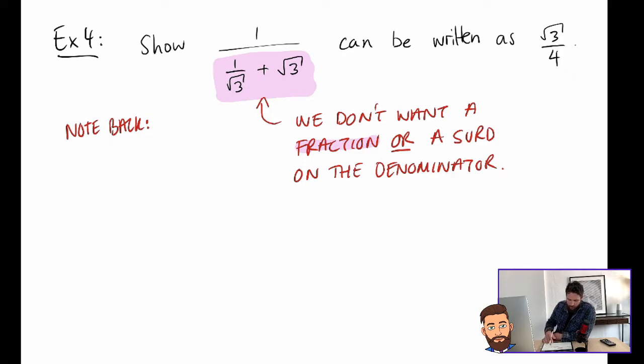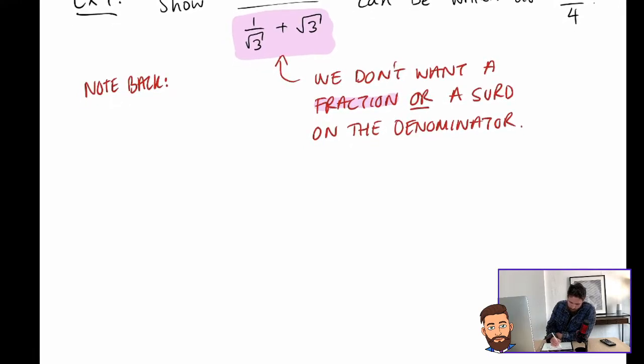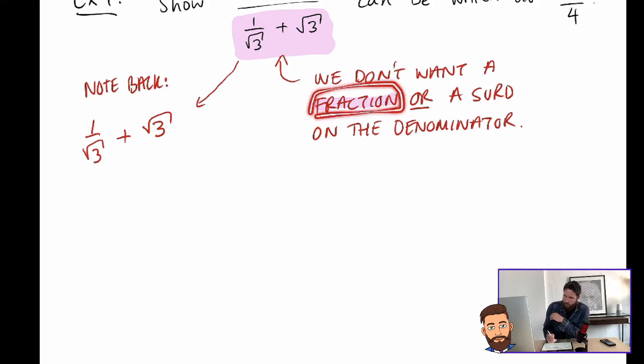So the first thing we're going to do is take this expression. We're going to take the denominator and focus on seeing what we can do with that before we try our rationalizing techniques, because the first thing we identified here is we don't like the fraction.